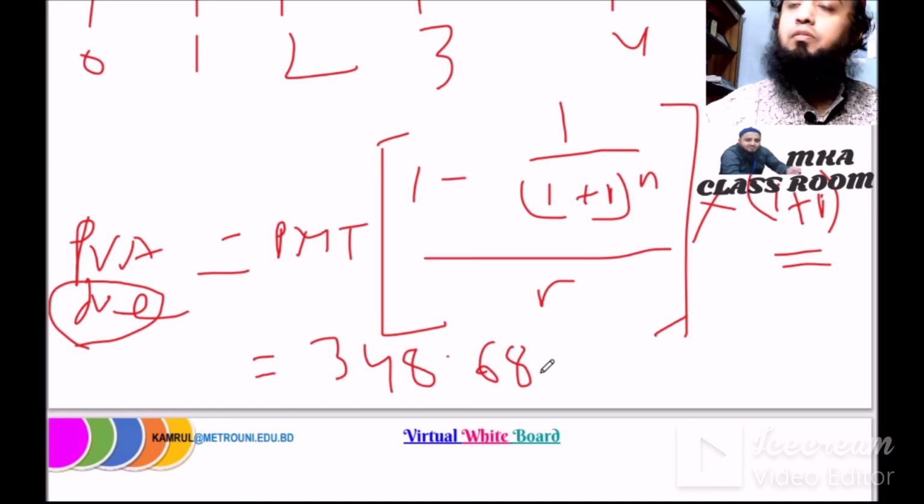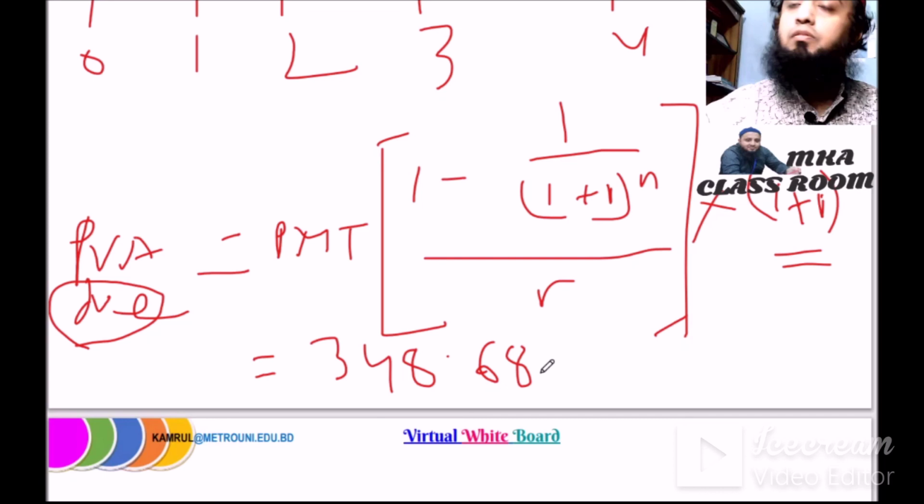This 100 takes n equal to 0, this 100 n equal to 1, this 100 n equal to 2, this 100 n equal to 3.